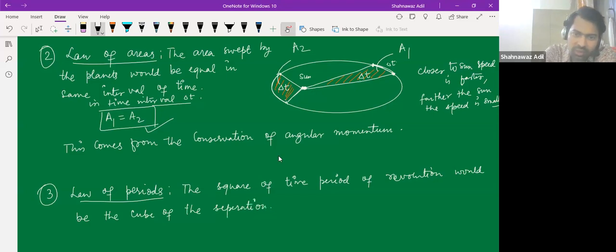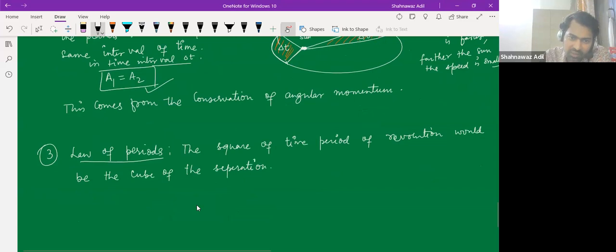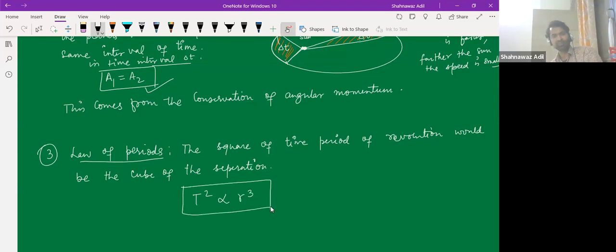So T squared is proportional to r cubed. That is the whole idea. These are the three Kepler laws.